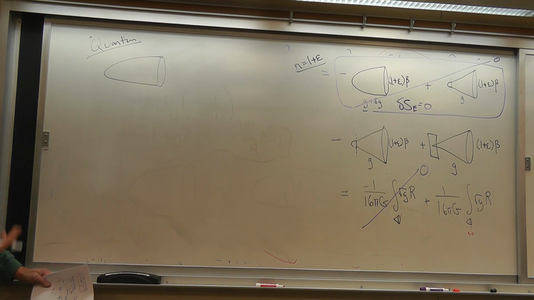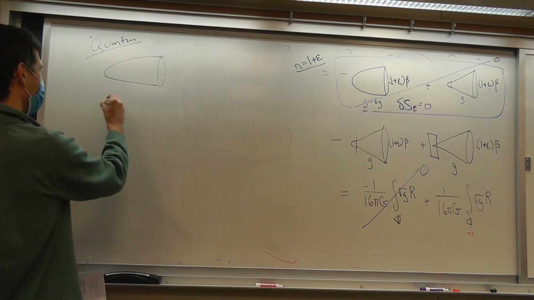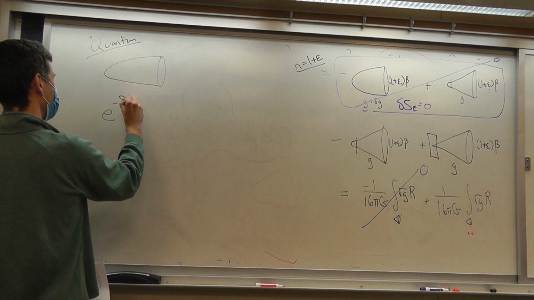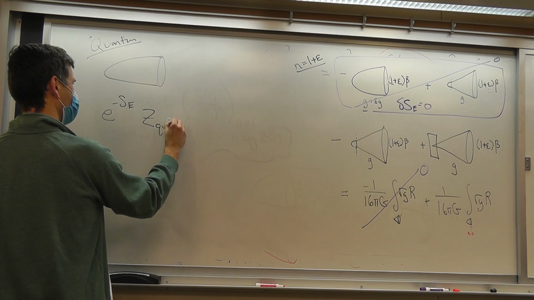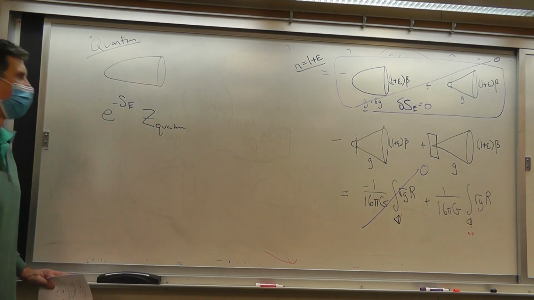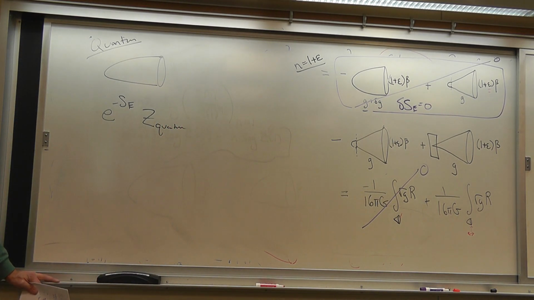So there's a one-loop determinant on each of these manifolds: everywhere we had e to the Euclidean action, there's a quantum fluctuation term on top of that action.